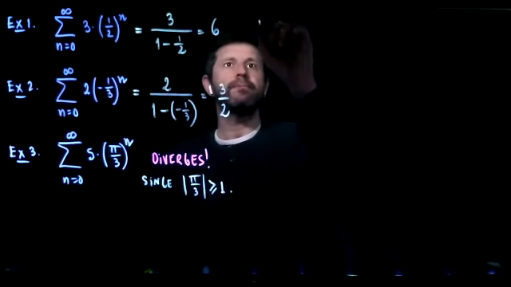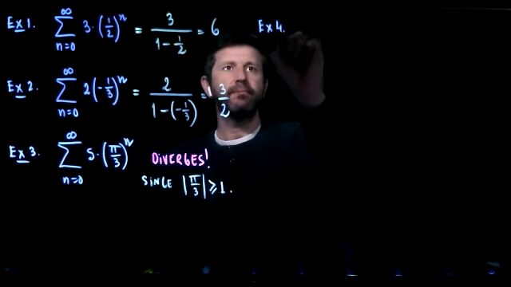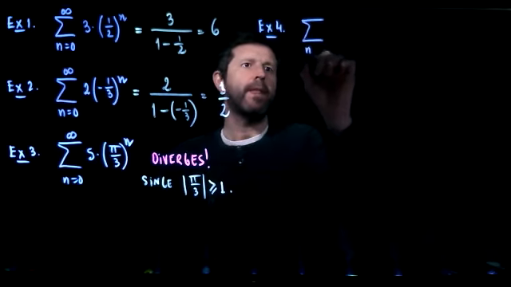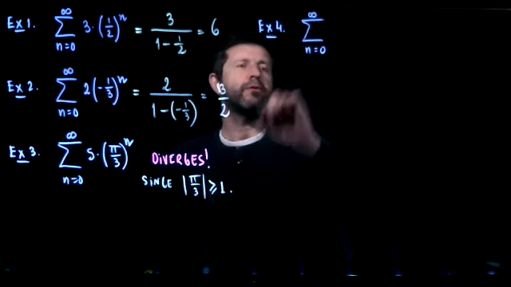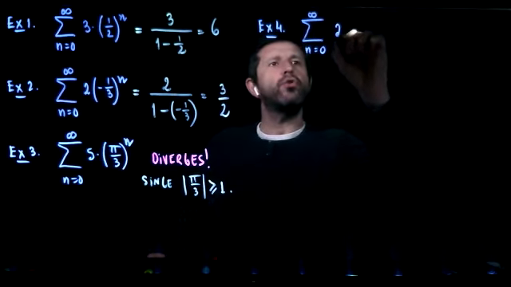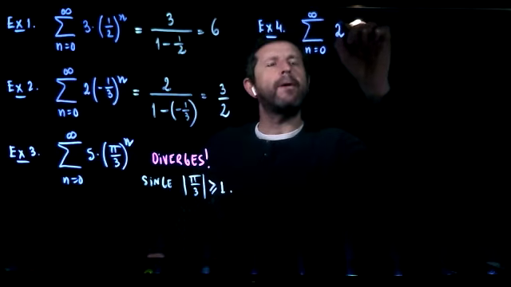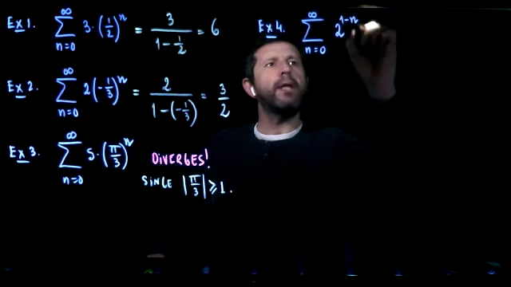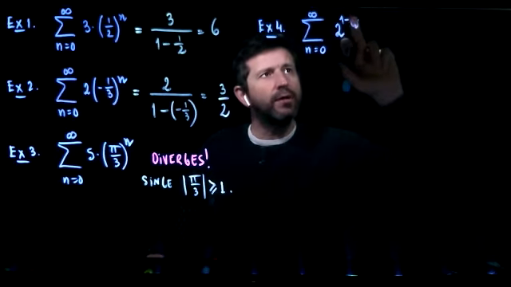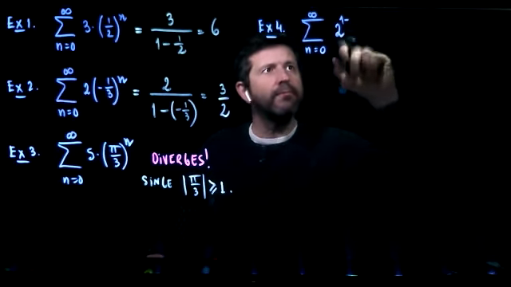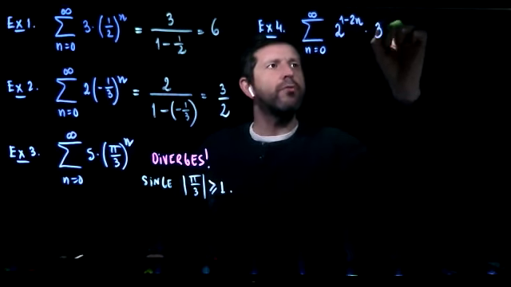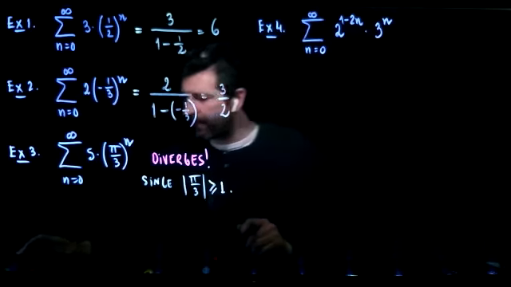Example 4: sum n is 0 to infinity of 2 to the power 1 minus 2n, times 3 to the power n.